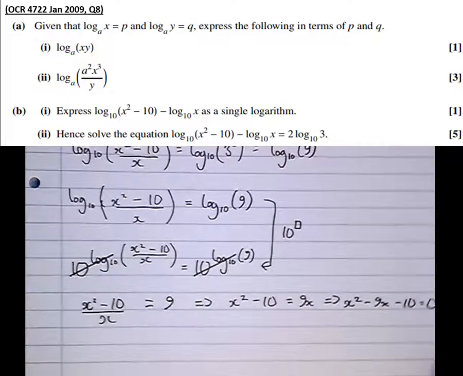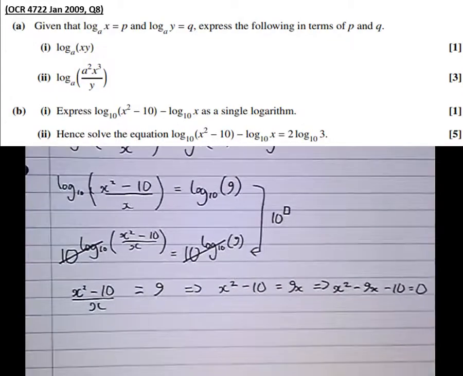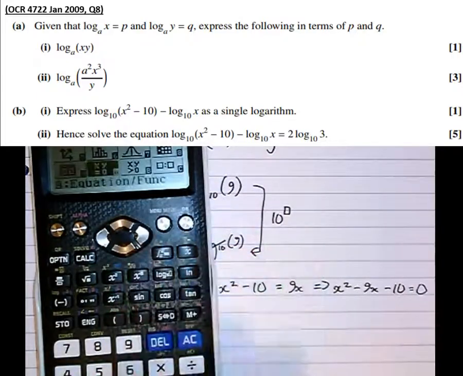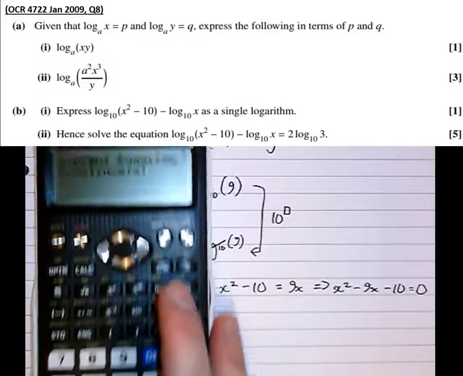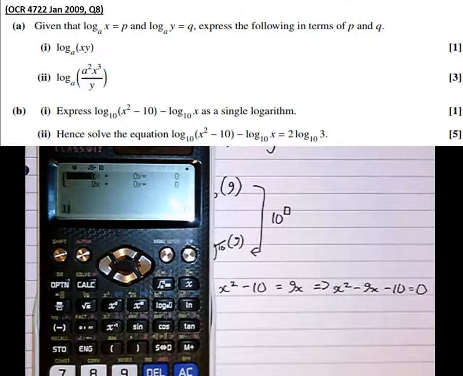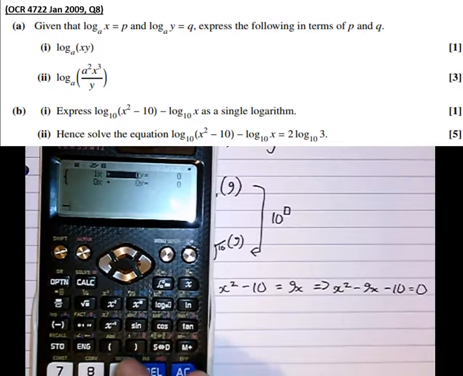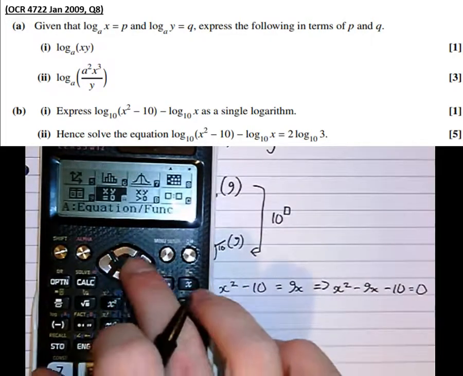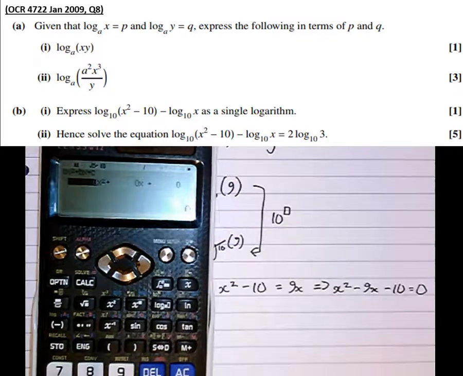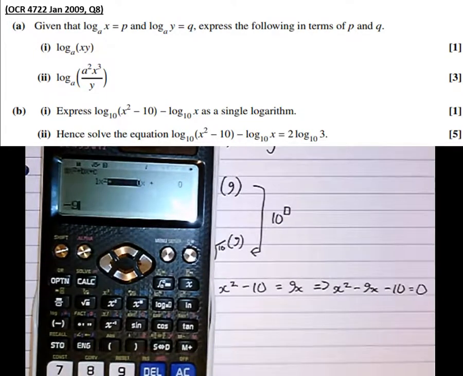And we can factorise that if we want, but we're not going to. We're going to speed things up by using the calculator, so putting it in equation mode, polynomial degree 2, so 1x squared, take 9x, take 10, equals.